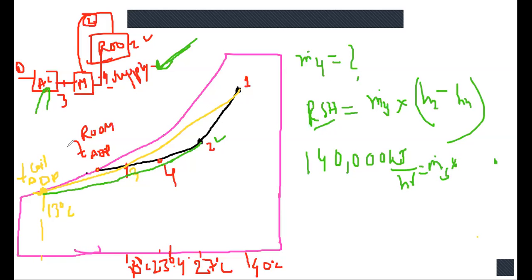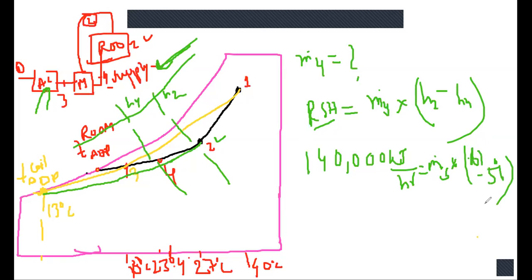From the enthalpy line, we calculate H2 and H4. H2 is calculated as 61 minus H4 as 56. This is kilojoule per kg, because it is calculated per kg.